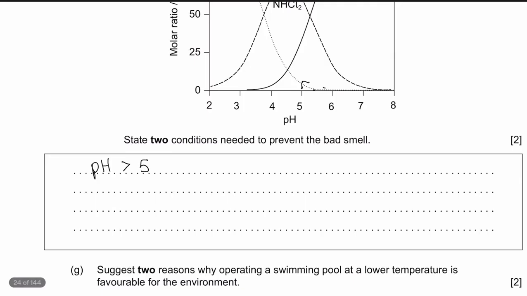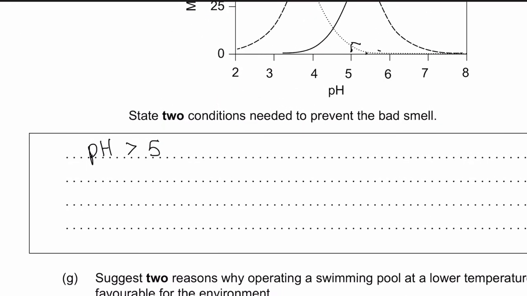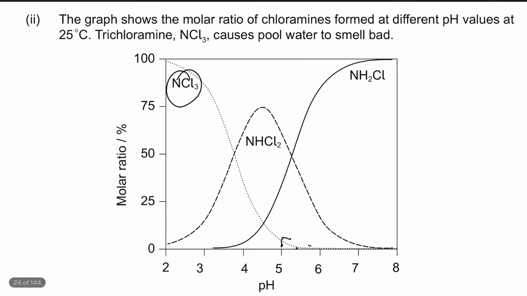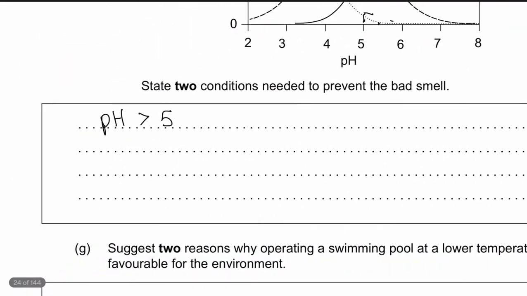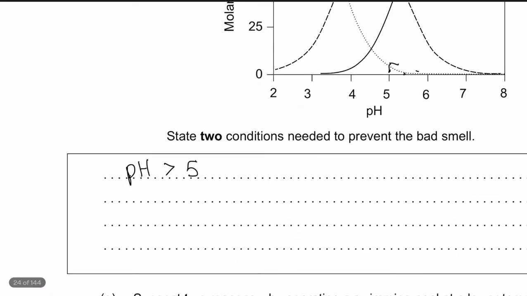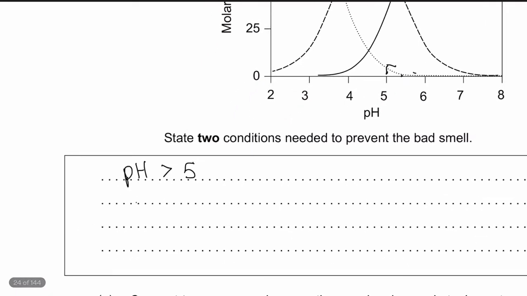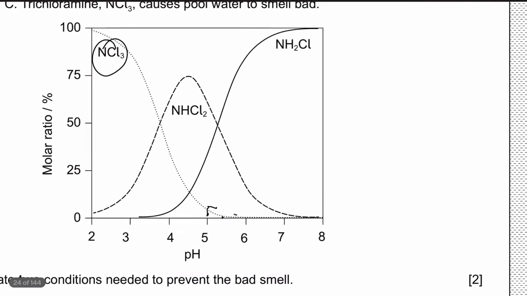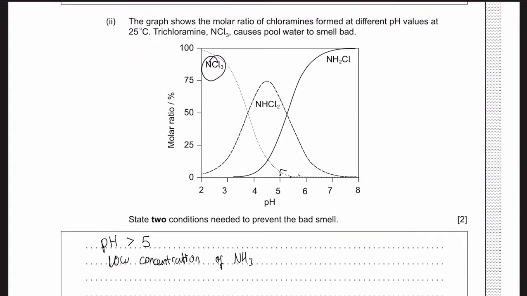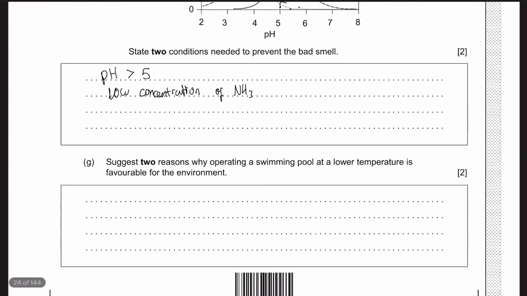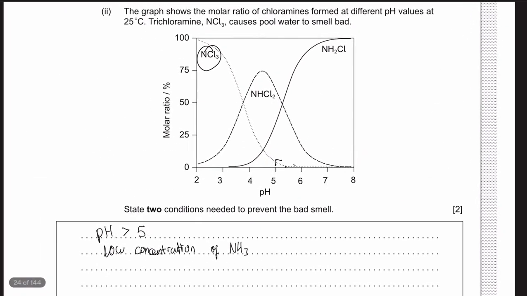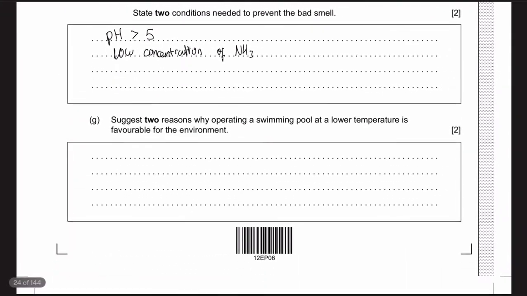So any of these reactants, chlorine, Cl2, HOCl, NH3, I would just say NH3, because it's like the main reactant which produces it. So low concentration of NH3. Yeah, because if we have a low NH3, we can produce less NCl3, which means there would be a low concentration of NCl3, which means there would be no bad smell.